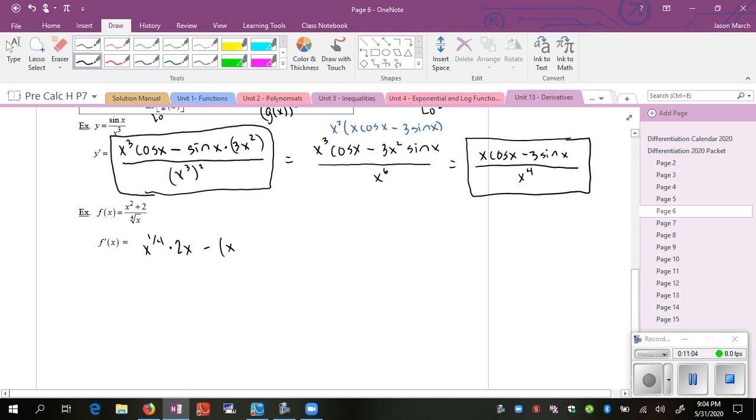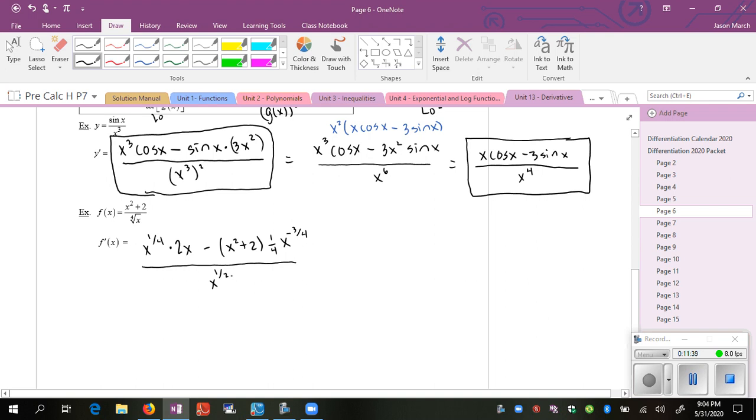Well, the high is x squared plus 2, and these parentheses are kind of important there. Derivative of the bottom, right? It's kind of substantial to rewrite this as a fractional exponent so that I could do the power rule on this: 1/4 times x to the negative 3/4. All over the low squared. When I square the denominator, we end up getting x to the 2/4, which is x to the 1/2.